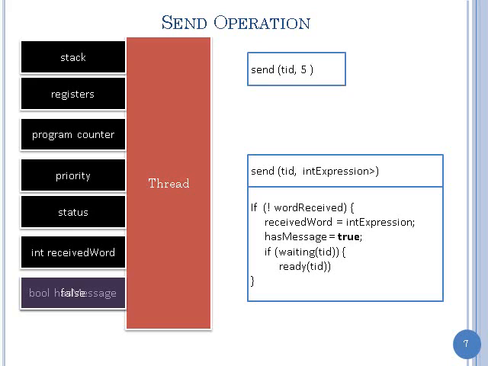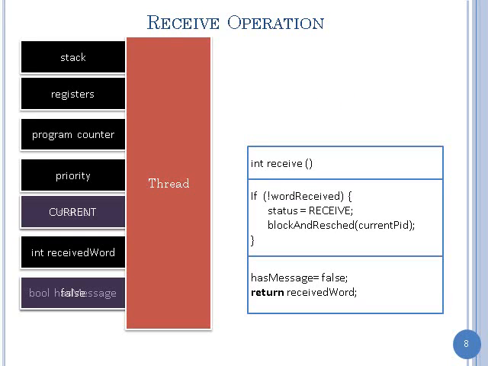Okay? So you go and say send to 5, you get the 5 value, and this is true. You say 6, it just goes in, doesn't do anything. Receive operation: if there is nothing received, then you put yourself in the receive state and you block. You're the current process, right? You're the one executing.